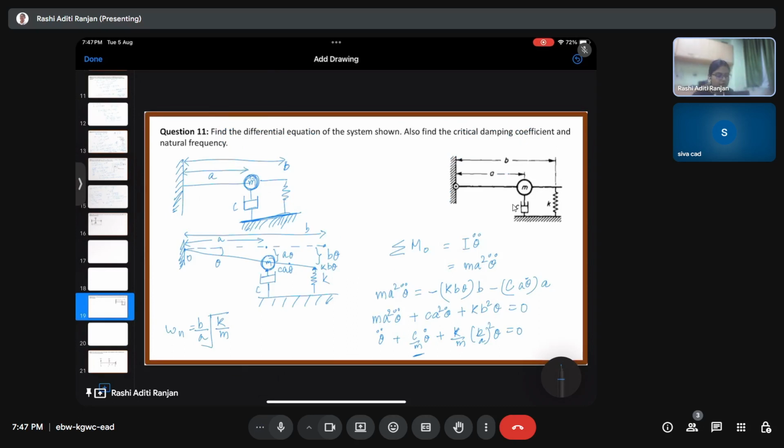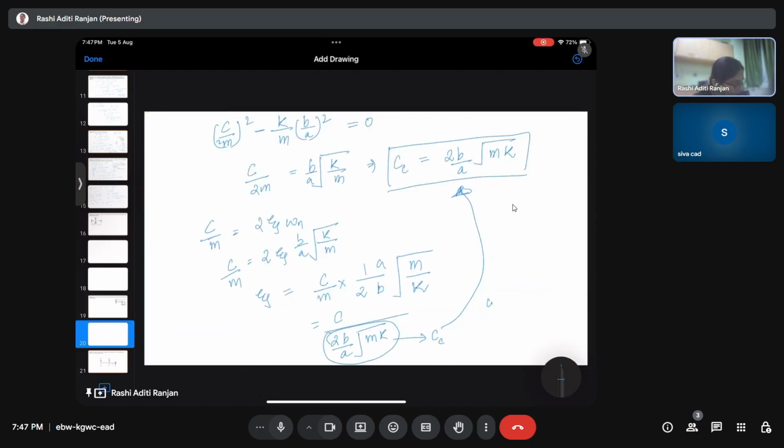And last, we have to find out the critical damping coefficient and natural frequency. We can also find out omega d, which is nothing but omega n into under root of 1 minus eta square.